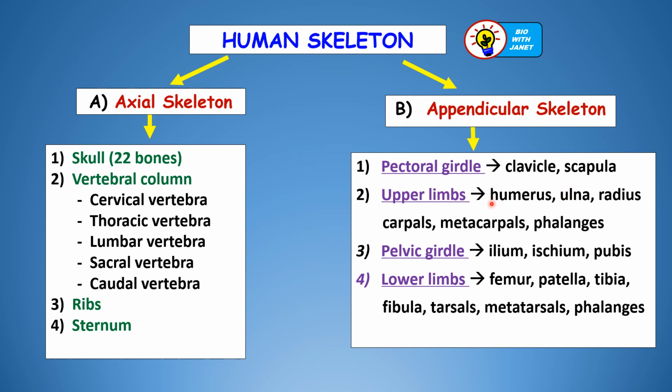Then the bones of the upper limbs are the humerus, ulna, radius, carpals, metacarpals, and phalanges. Now the pelvic girdle consists of 3 types of bones, the ilium, ischium, and pubis. The lower limbs consist of these bones, the femur, which is the hip bone, patella, the kneecap, tibia, fibula, tarsals, metatarsals, and phalanges.